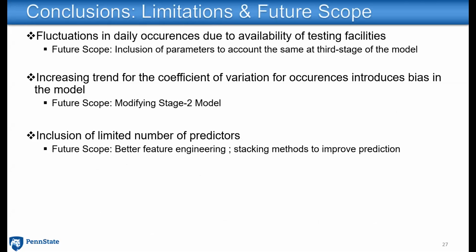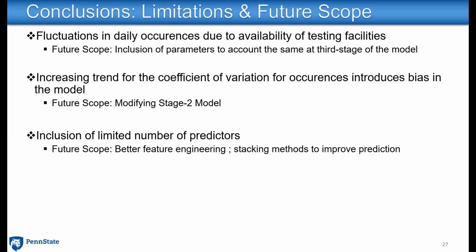Even though all things look good, there are multiple limitations to our work. During the early stage, there was a lot of fluctuation in daily occurrences due to limited availability of testing facilities. So in future, to improve this model, we need to account for this with some kind of parameter at our third stage of the model.